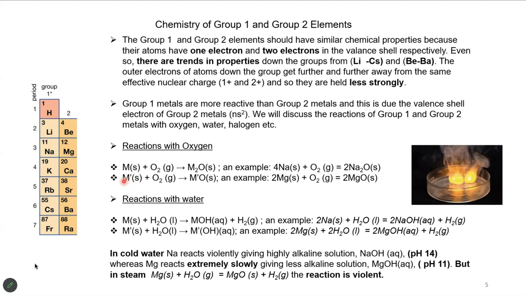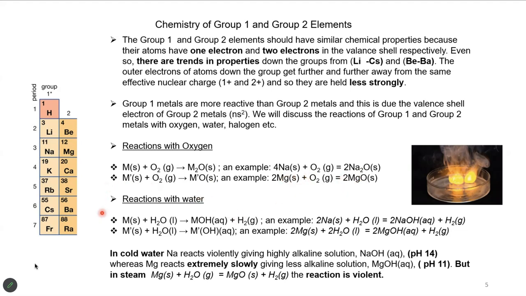Similar for M prime, that means group 2 elements, we get metal solid, oxygen gas, and then we get metal oxides. Well, then you can see from this reaction, if you remember our redox reaction, we can immediately say this one and this one is acting as a reducing agent. And this one is a very fast, violent reaction. This one is a moderately violent reaction.